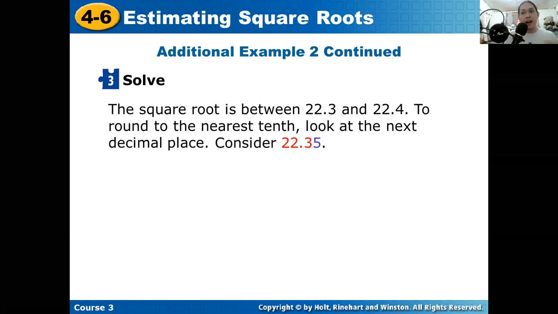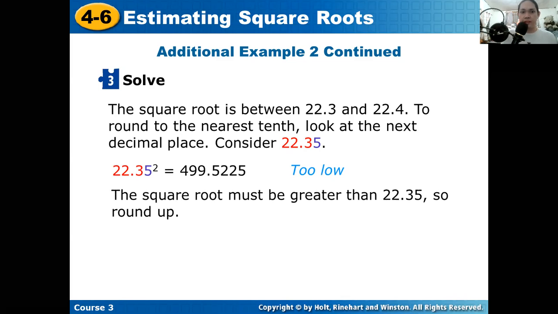So the value we get by adding it to 22.3 is 22.35. We all know that if we square 22.35, that gives us 499.5225. And that is too low, but it's still considered the minimum for the square root of 500. So the square root must be greater than 22.35. So that will be our conclusion.